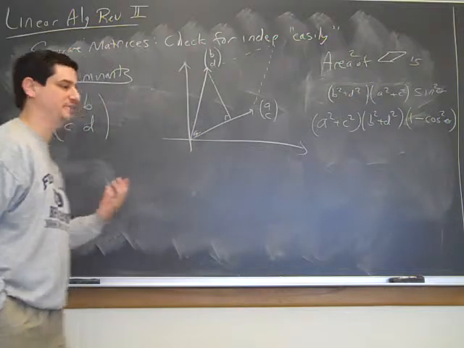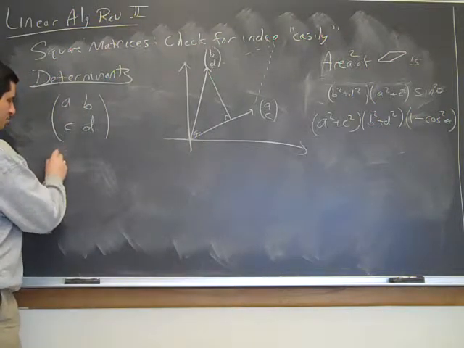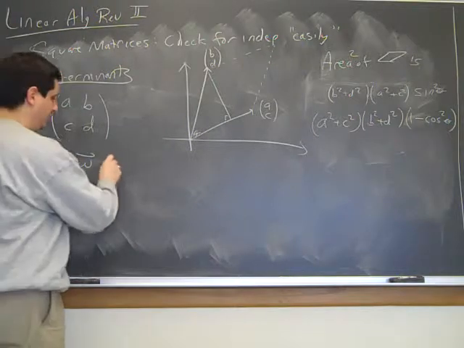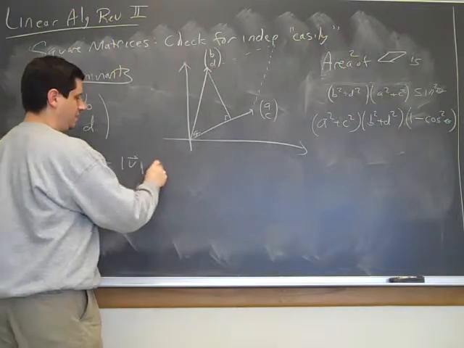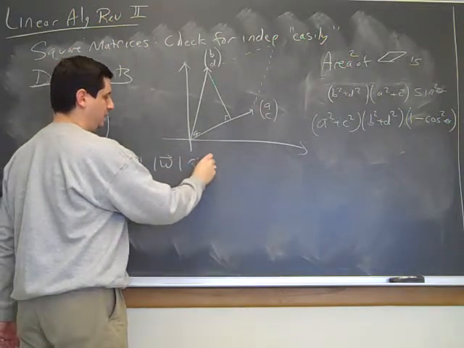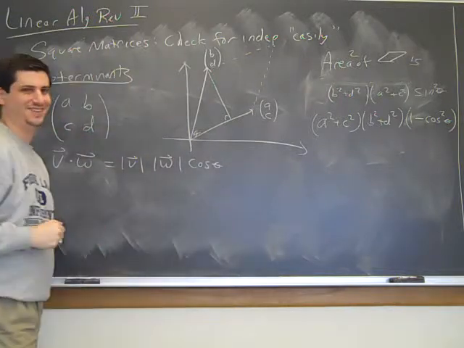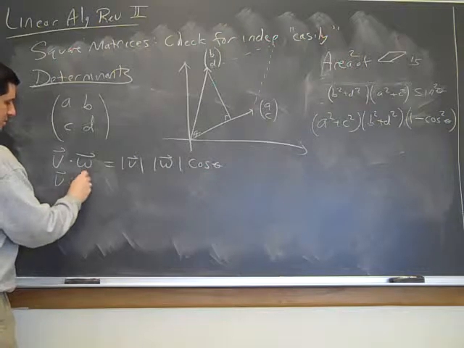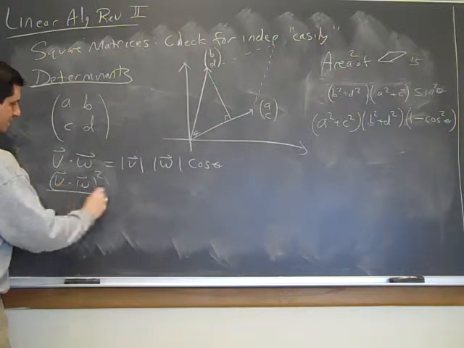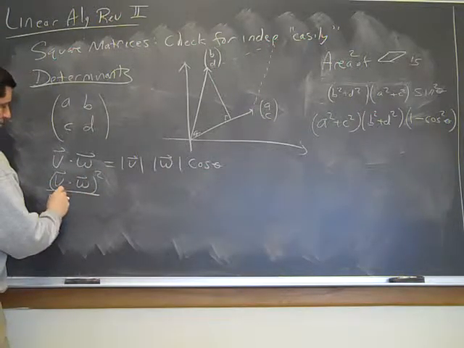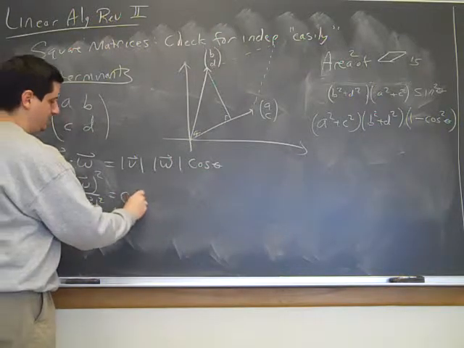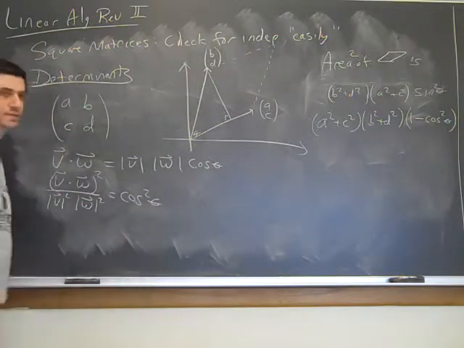If I give you two vectors, the dot product v dot w is the length of v times the length of w times the cosine of the angle. So the dot product squared divided by the length of v squared times the length of w squared is cosine squared of theta.